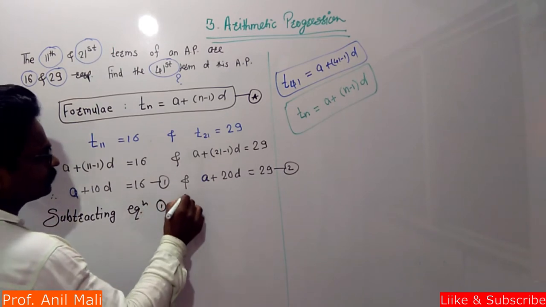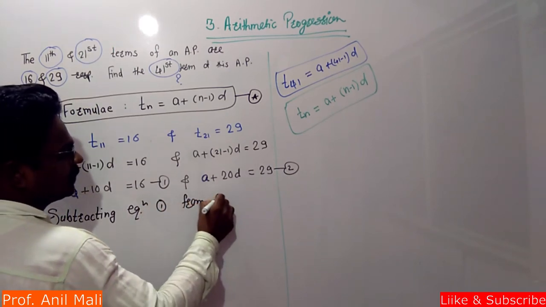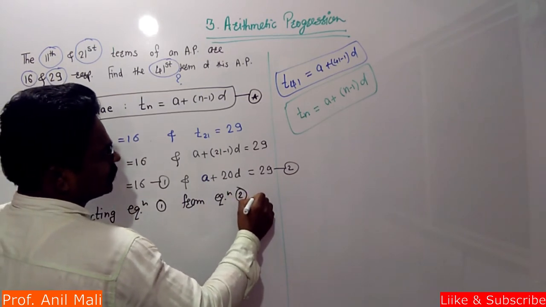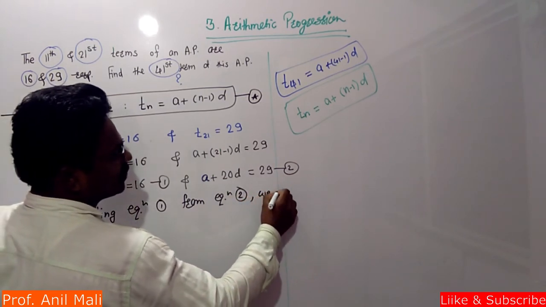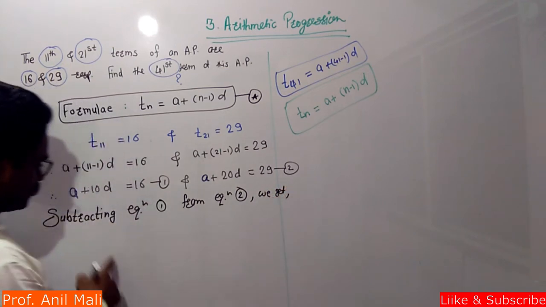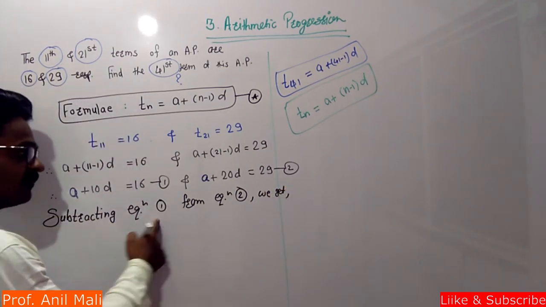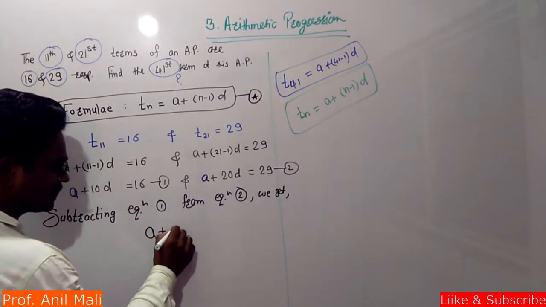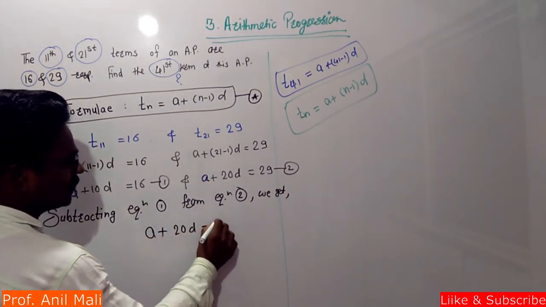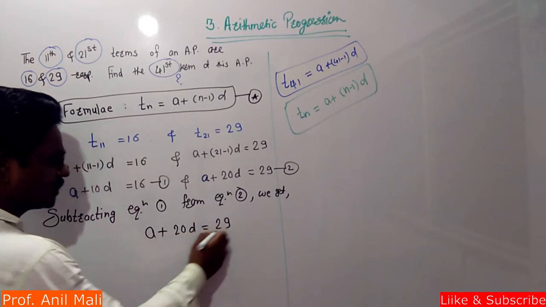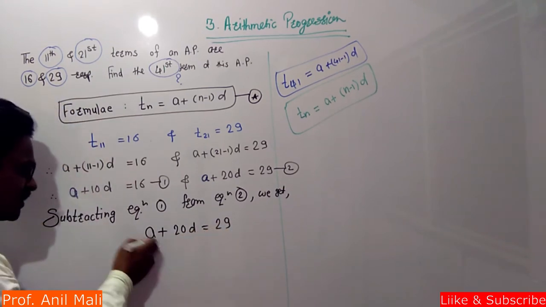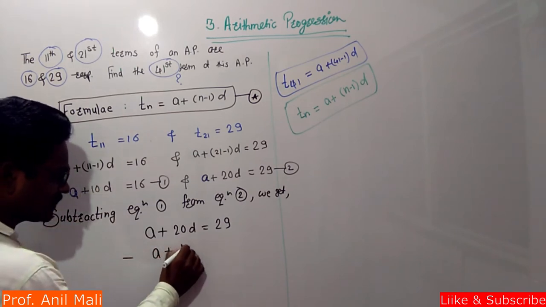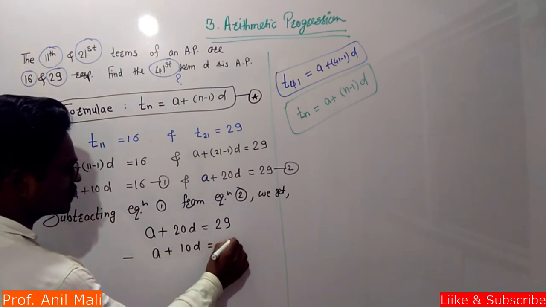So first write equation 2: a plus 20d is equal to 29. Subtracting equation 1 from it, equation 1 is a plus 10d is equal to 16.